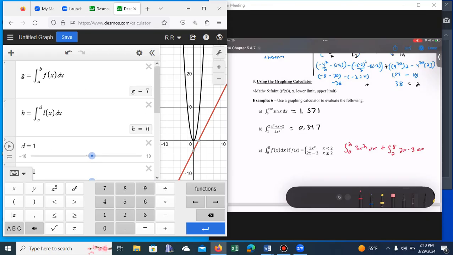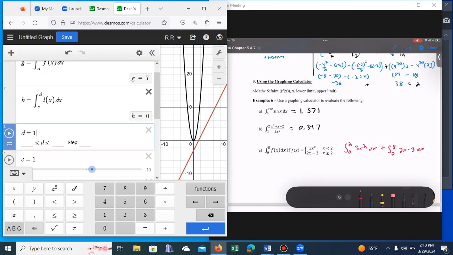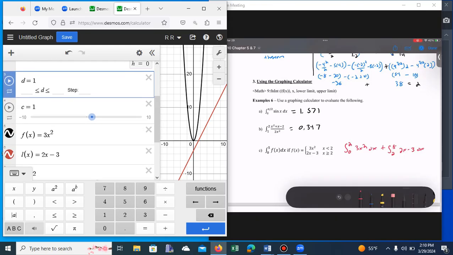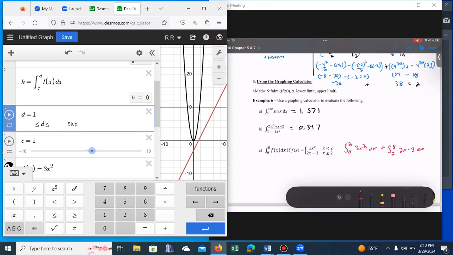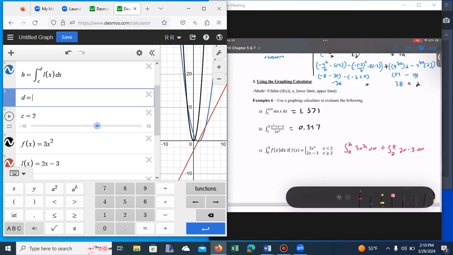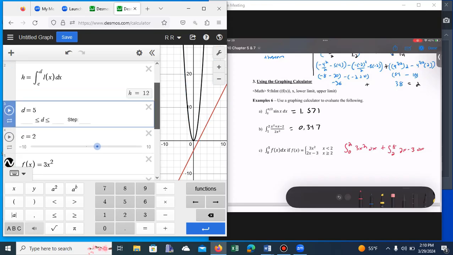That should work. Right. So we're doing C and D. We'll do that with the L of x being 2x minus 3. So that's going to be from 2 to 5. C will be 2. D will be 5. And so we get 12.